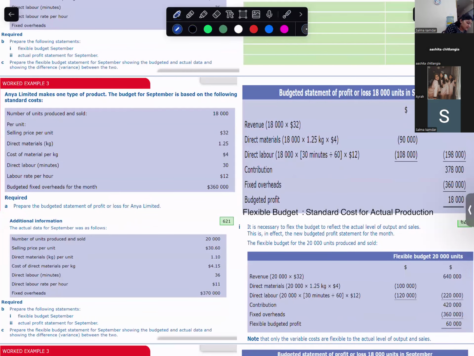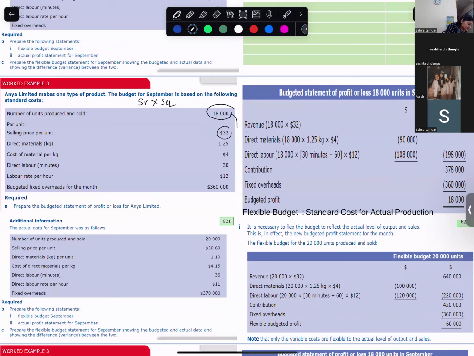We have to take standard rate and standard quantity. Standard quantity is 18,000. Standard rate for the selling price is 32. So your revenue is what? 18,000 into 32. This becomes your revenue. Now direct material.